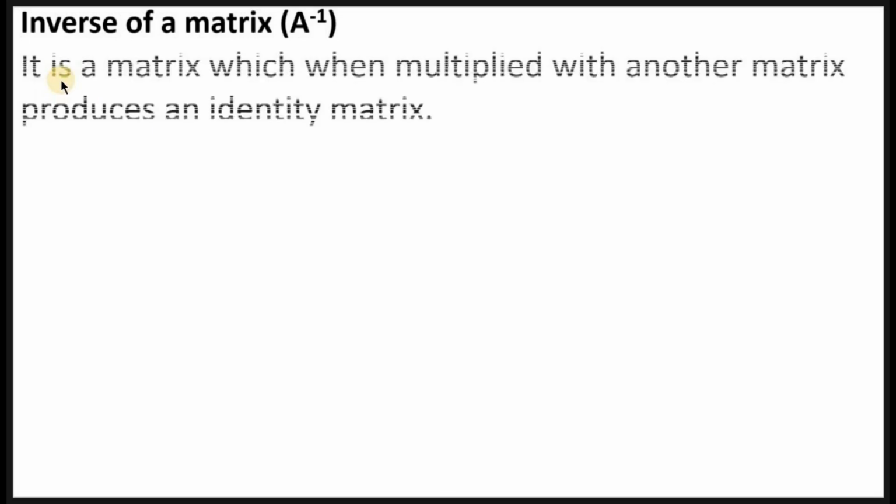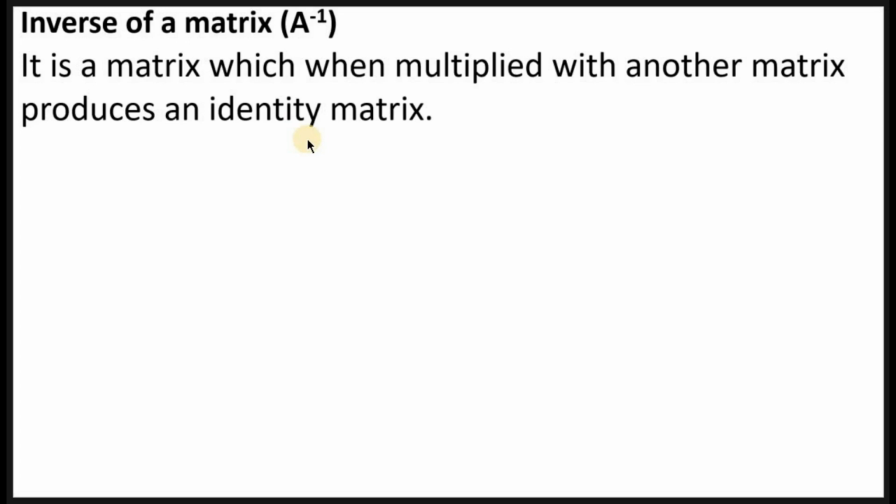Then next we go to the inverse of a matrix as another operation carried out on matrices. So here, guys, you must understand that an inverse matrix is a matrix which, when multiplied with another matrix, produces an identity matrix.